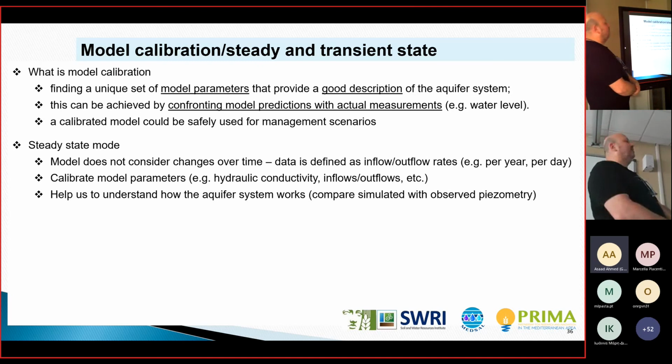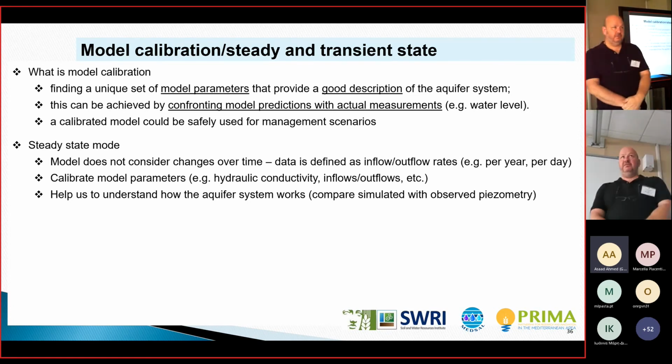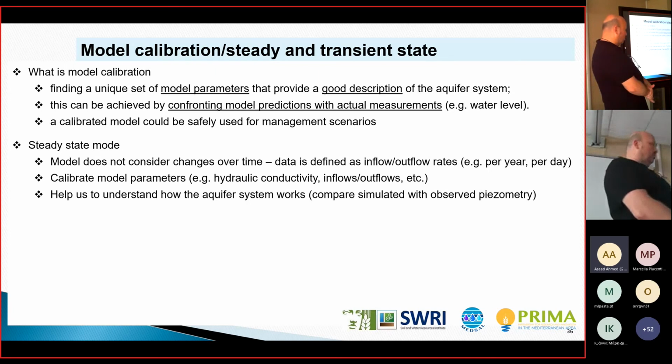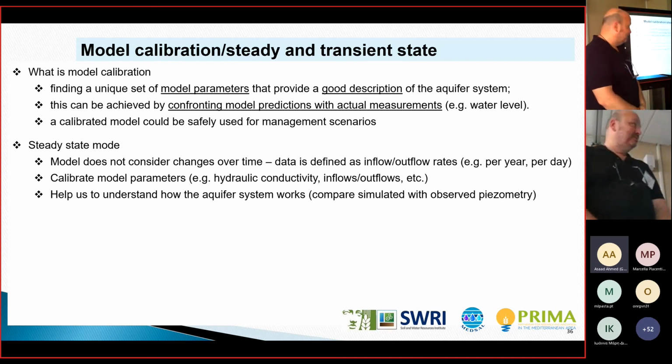So we say that we have 50 millimeters per day that inflow into the aquifer system. In steady state, we can calibrate some of the model parameters, like the hydraulic conductivity, for example. In general, the steady state model helps us to understand how the aquifer system works. Of course, it would help us more if we can compare simulated with observed parameters, piezometry, for example.